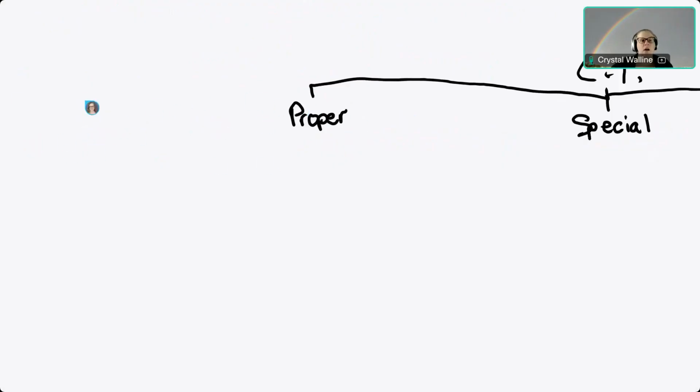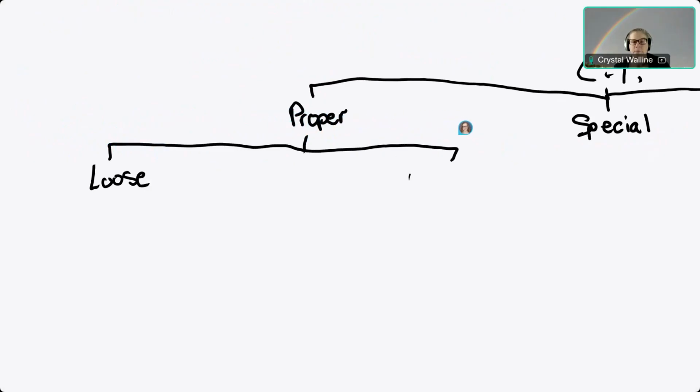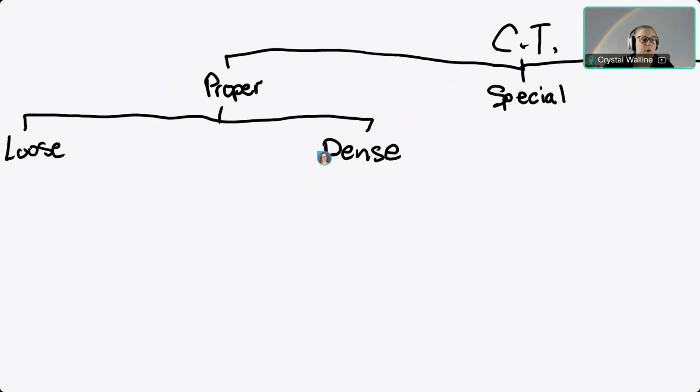And now we are going to subdivide it into the two subclasses. So proper can be divided into a subclass called loose and a subclass called dense. Okay, let's start with the dense first because that's the order I do it in the PowerPoint.